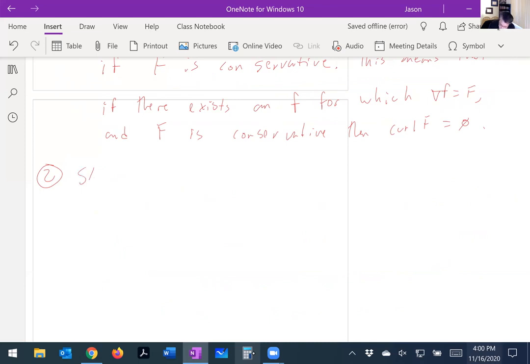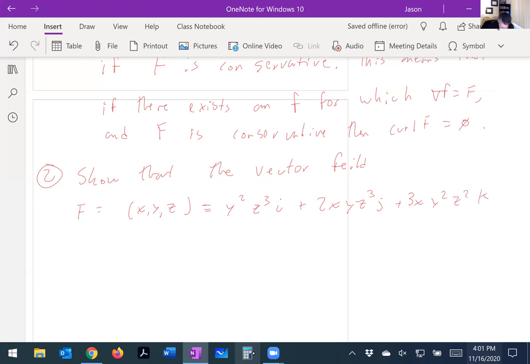Number 2. Show that the vector field F of x, y, z equals y squared z cubed i plus 2xyz cubed j plus 3xy squared z squared k is a conservative vector field.